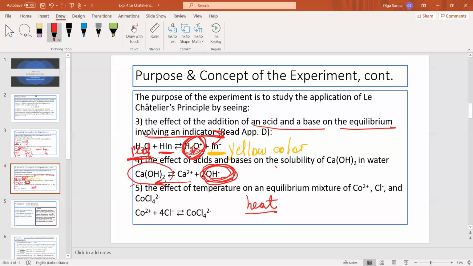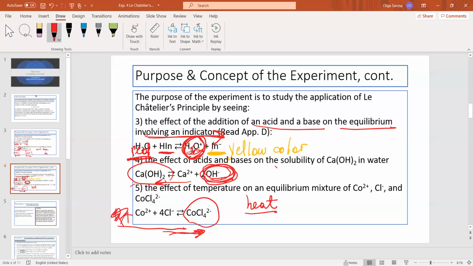Let's say the reaction is endothermic, we need heat to produce this colored complex, right? And if we apply heat, the complex will be produced and the color of the solution will change and be more intense, right?